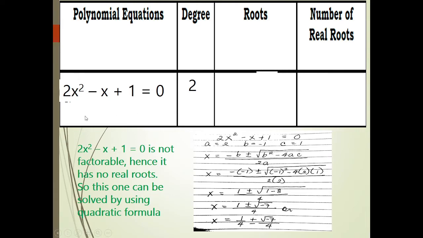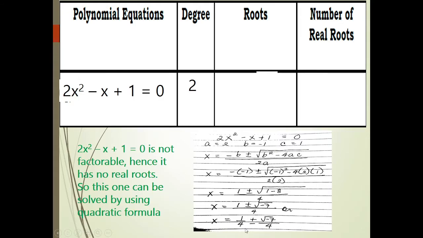So, kahit i-try nyo siya, wala kayong makukuhang factors nito. Kaya, the best formula is using the quadratic formula. Remember this, ito yung pinag-aralan nyo ng grade 9. So, makita niyo kapag ginamitan natin siya ng quadratic formula, you will get this kind of answer.